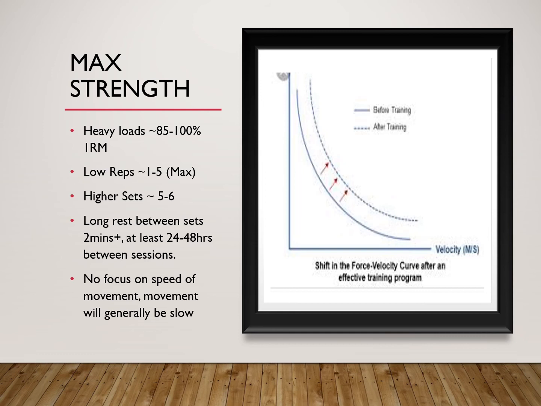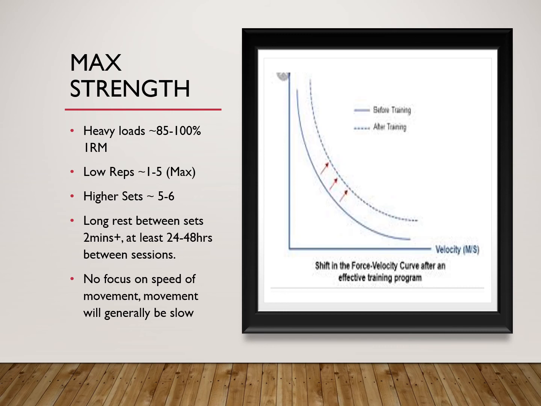But as we mentioned with the speed training, we would also need much longer rest periods for this type of training. So between sets, over 2 minutes if not more, but at least 24 to 48 hours between sessions because of the really high neuromuscular demand that is placed on the body during this type of training.